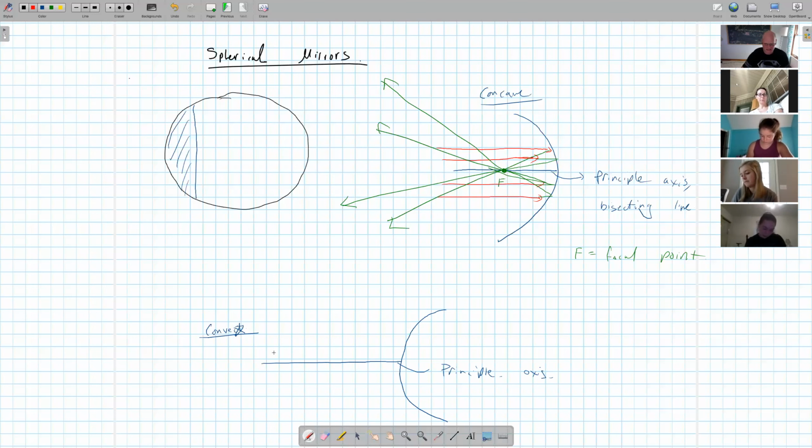But here the difference is all of these light rays which I'm sending in. Let's draw a few of these. These are going to hit and then reflect outward, but they're going to reflect outward as if all of them came from a central point.